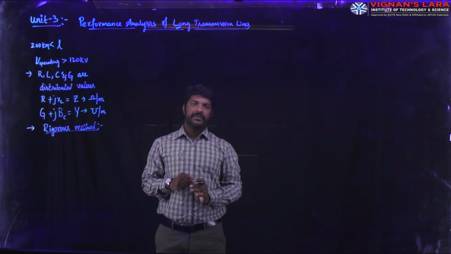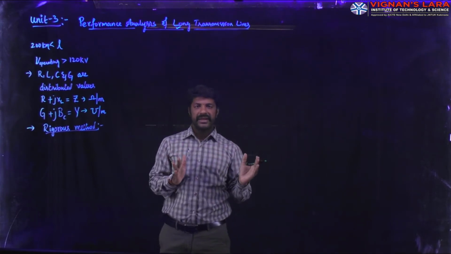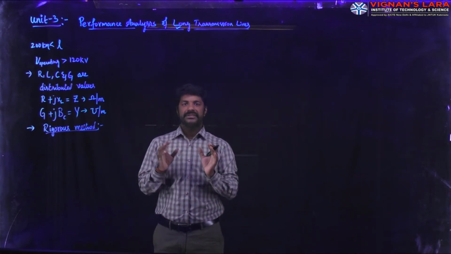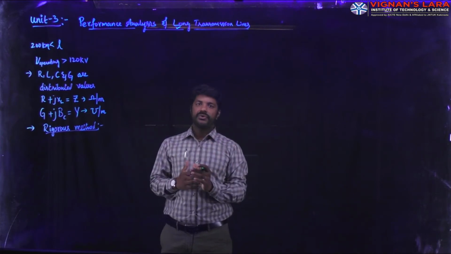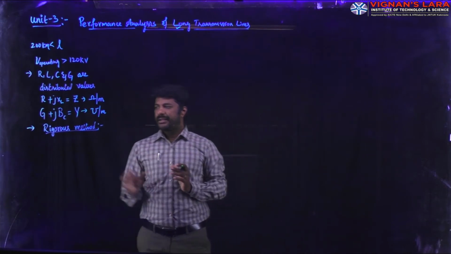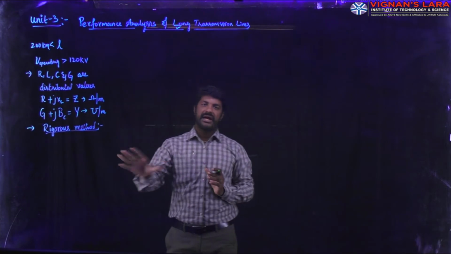In the pi network we divided the shunt branch into two sections, one on the receiving end side and the other on the sending end side. We can't represent the long transmission line with such methodologies. Let me discuss how to show the mathematical representation of the long transmission line.